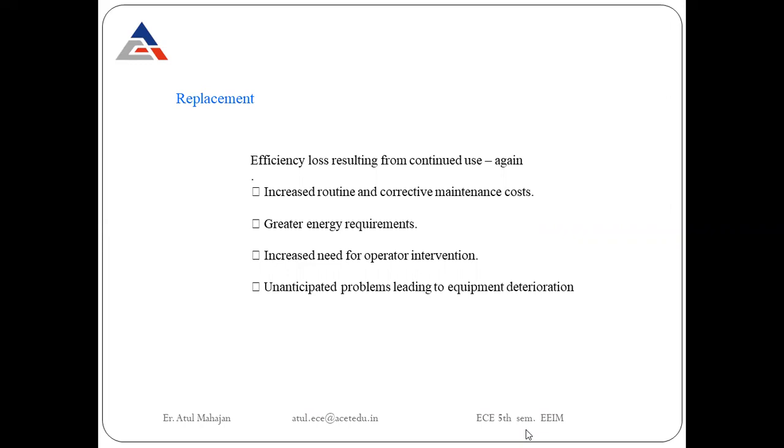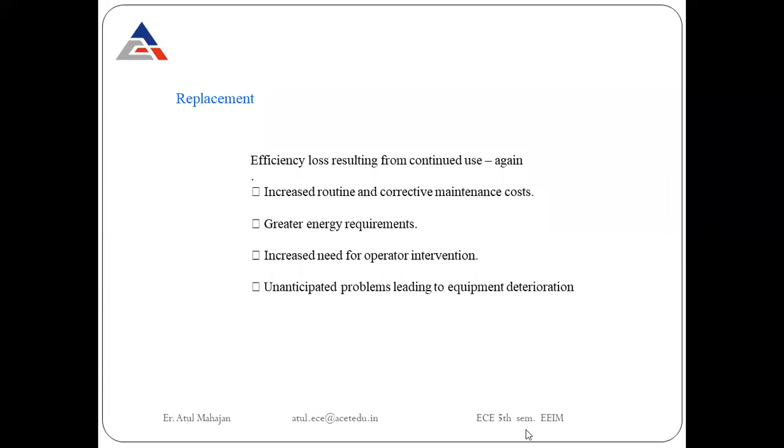And increased routine and corrective maintenance cost. We need to have routine checkups of our instrument. We need to provide for corrective maintenance cost. What are the various corrective maintenance measures that can be provided for that instrument so that we can have a better system?